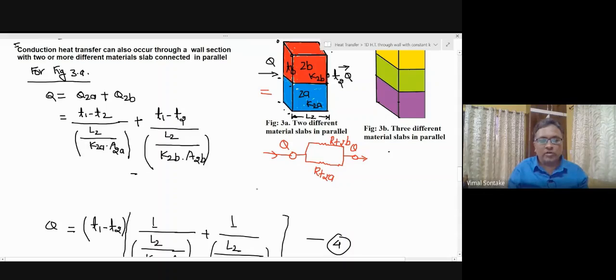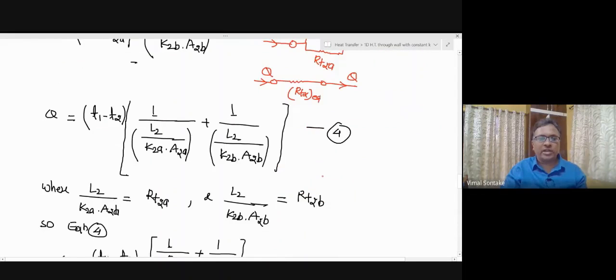In terms of the equivalent electrical circuit, this will be Q and this will be RT2 equivalent, which will take into account the effect of RT2A and RT2B and will be represented by this expression.